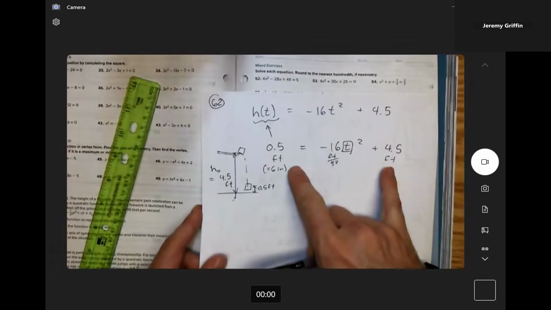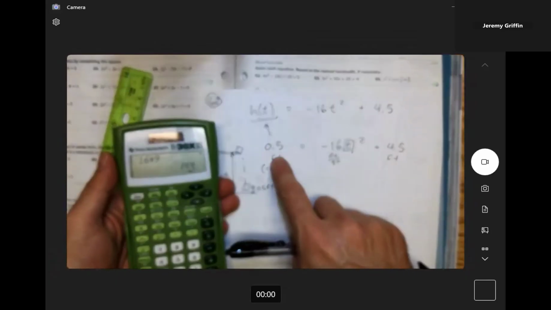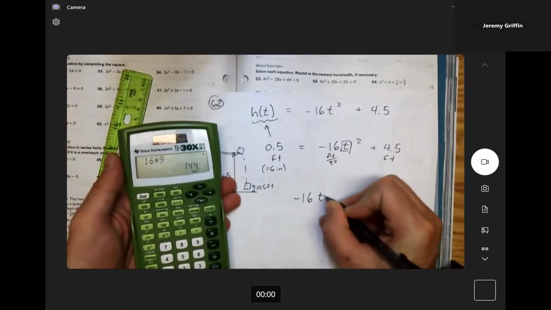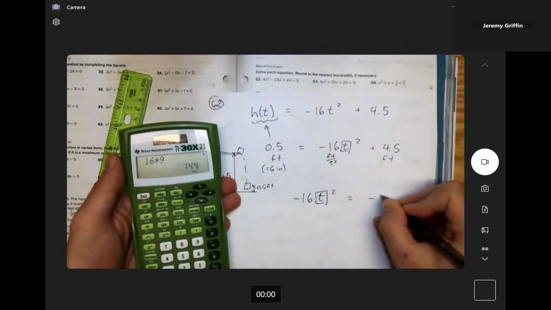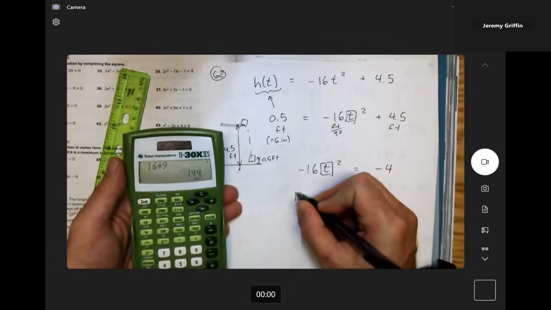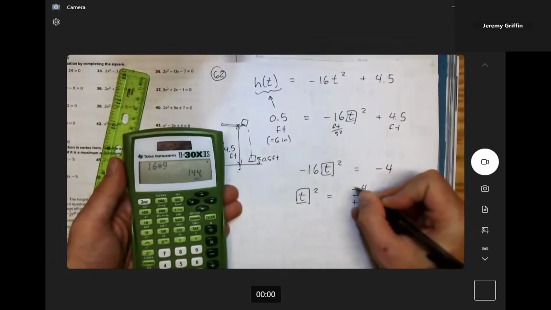Right? Yeah, I think this looks like straightforward algebra, right? So subtract over 4.5. So negative 16 t squared equals, now 1/2 minus 4.5, isn't that negative 4? Right? Divide both sides by negative 16. t squared equals negative 4 over negative 16. The negatives are going to cancel.